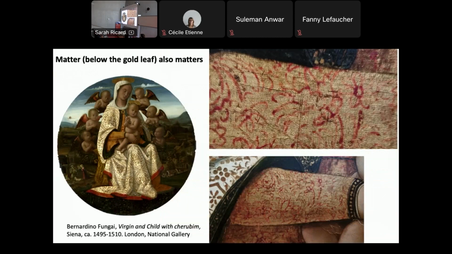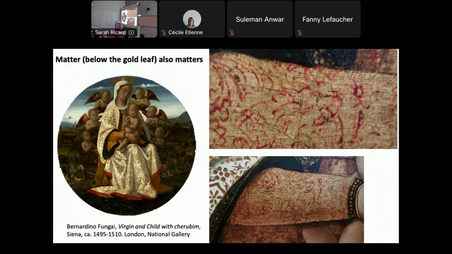And the matter that is below the leaf is also very important, because painters often worked the preparatory ground in order to obtain very specific effects. And this is the case here with this Madonna by Bernardino Fungai, where you have this narrow, very regular punchwork of the leaf that is obtained by modeling the preparatory ground with a roulette.